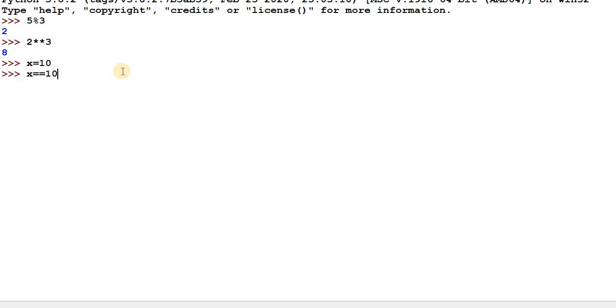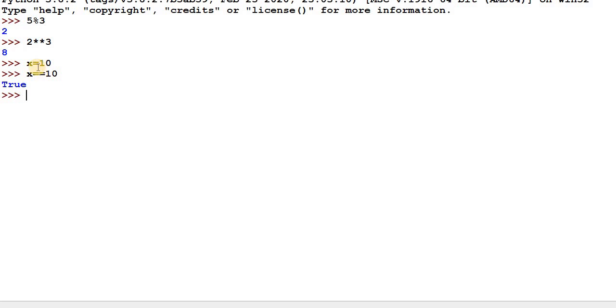The meaning of this expression is asking a question: is the value of x equal to 10? The result will be true or false. Here x is 10 and we are comparing with 10, so it returns true.